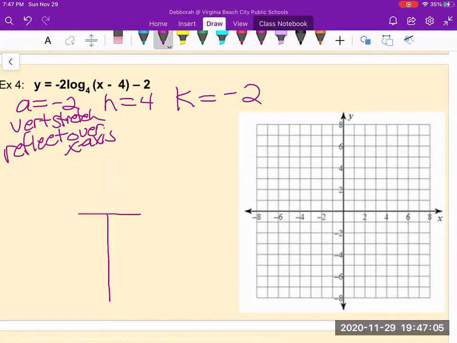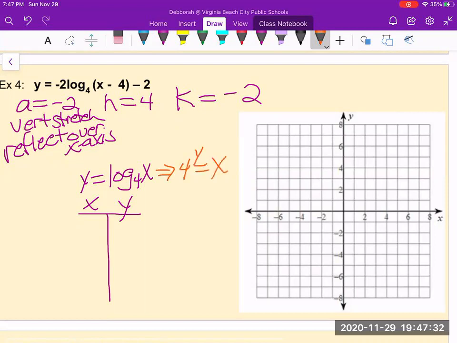All right, so this is going to be our xy table for the parent function of y equals log base 4 of x before we perform any transformations to that. And again, remember that that can be rewritten as 4 to the y equals x.